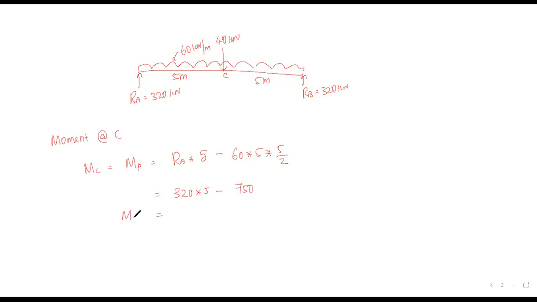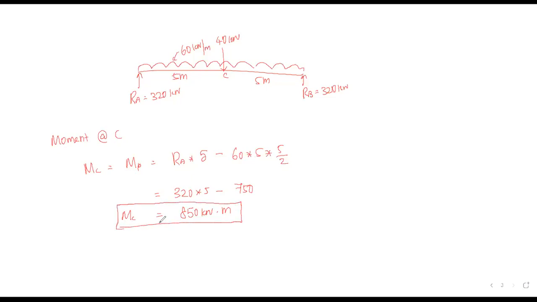Therefore, moment at C is equal to 320 into 5 minus 750, which becomes 850 kilonewton meter. So this is the maximum moment.